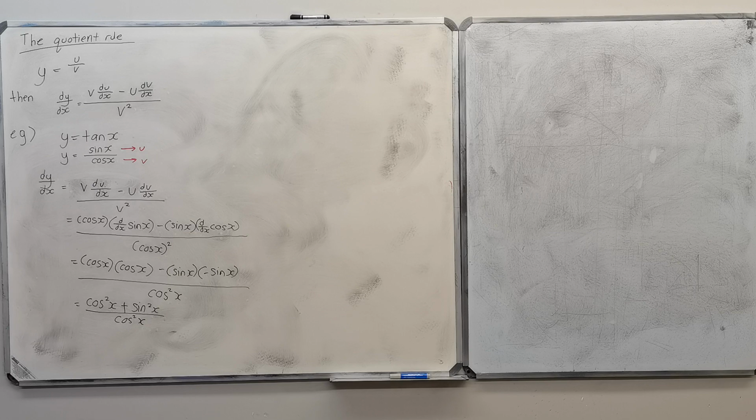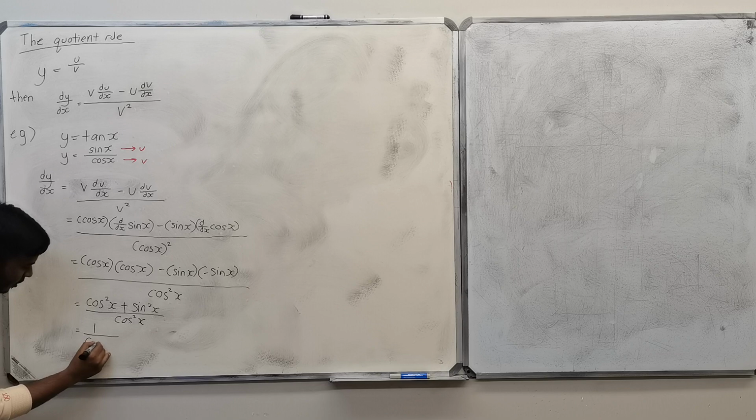Now, simplify. How can you simplify? Think about your three rules. sin squared x plus cos squared x equals? 1. So this is 1 over cos squared x, which is sec squared x.